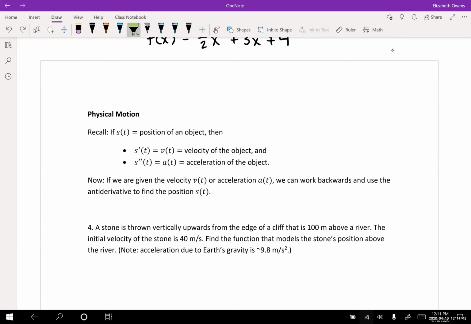If we have a function s of t, so the original function is the position of an object, then if we take the first derivative of that, that gives us the velocity. So that's changing position over time. Remember, we could have written that as changing position ds over changing time dt.